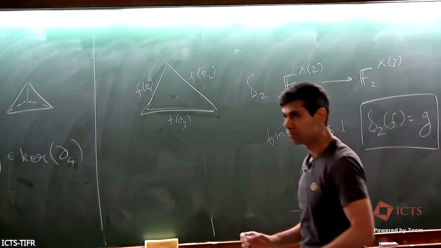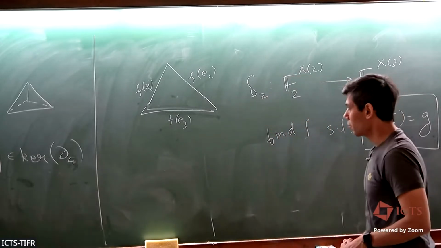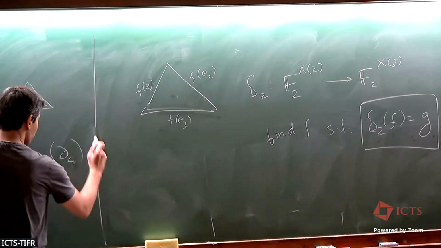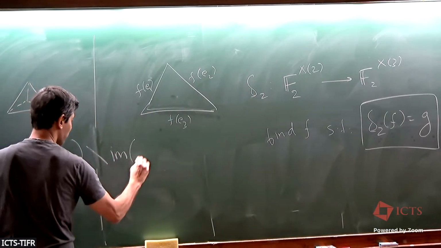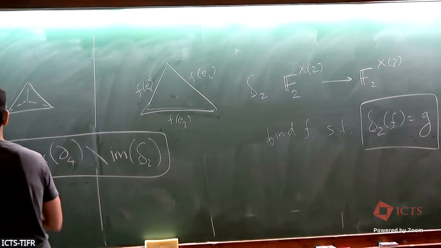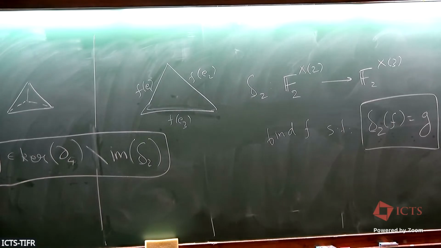That's what it means. But I don't want this to be satisfiable, so I want G to be in the kernel minus the image. Right? So this should ring a bell.